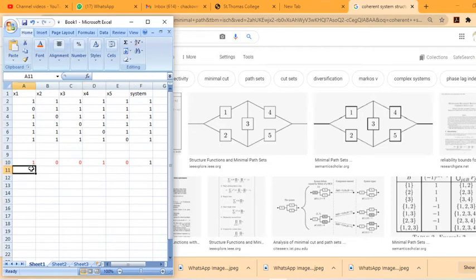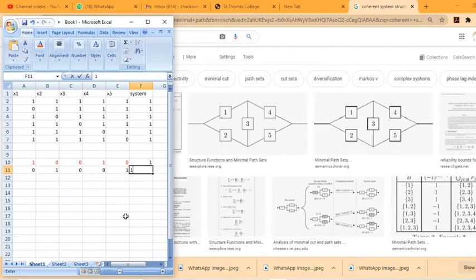Similarly, we can see another one where 2 and 5 are functioning. So components 2 and 5 are working and all other components are in failed state.